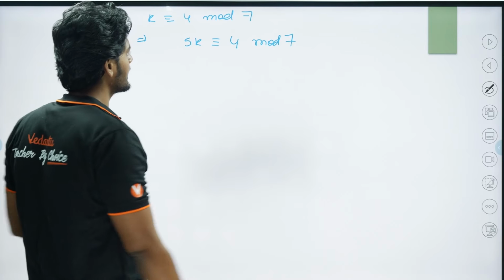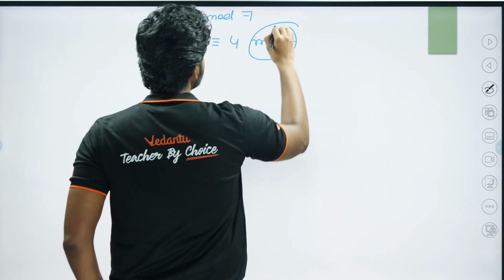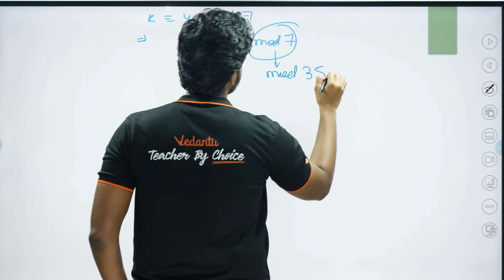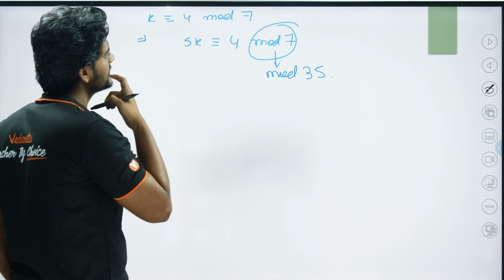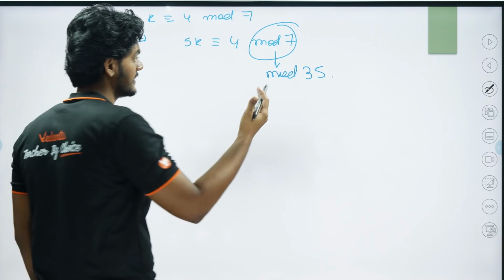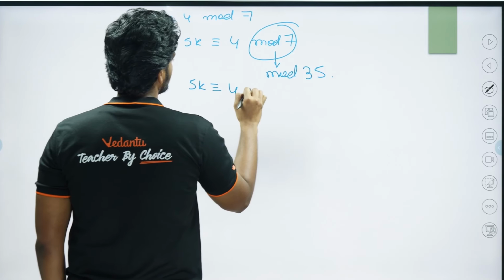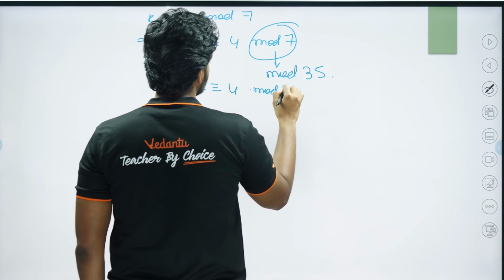With 5k, I can actually extend this to mod 35. Isn't it, guys? Just think about it.